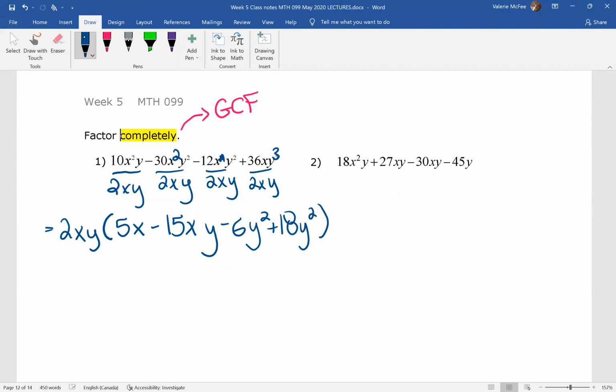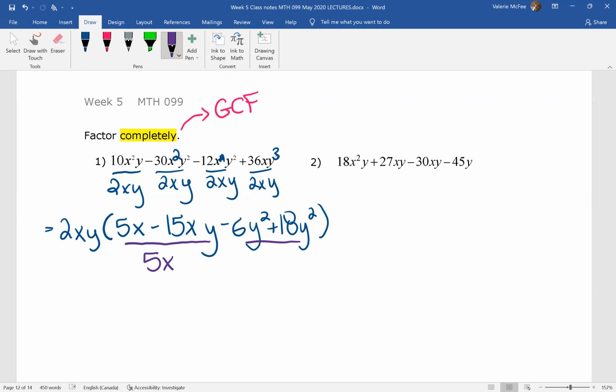squared. Okay. Now notice we've been talking about factoring by grouping. We said we use factoring by grouping when we have 4 terms. We have 4 terms in the brackets here. Is there a greatest common factor for the first 2 terms? There is.